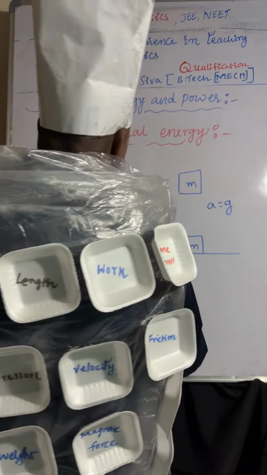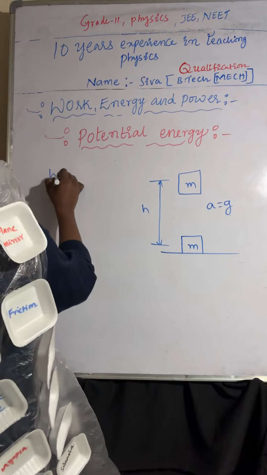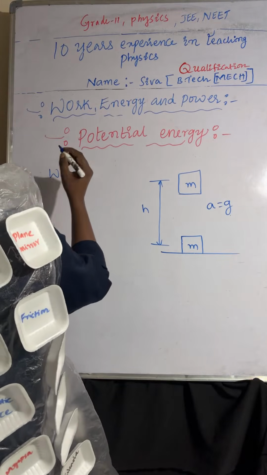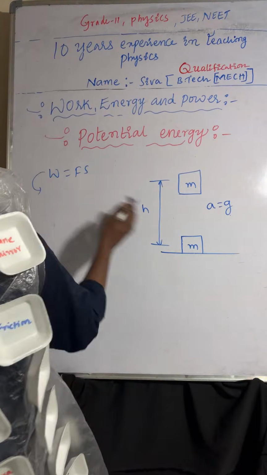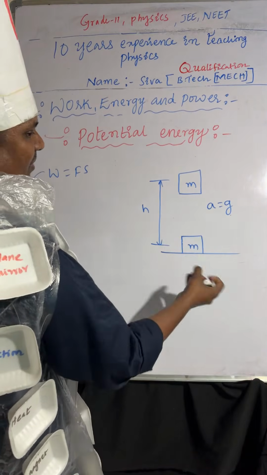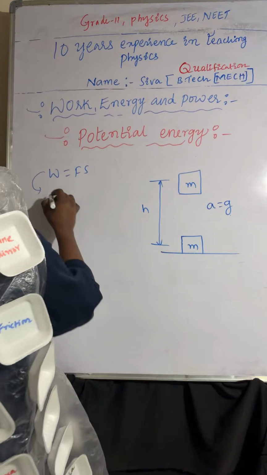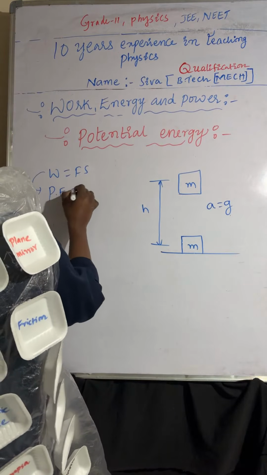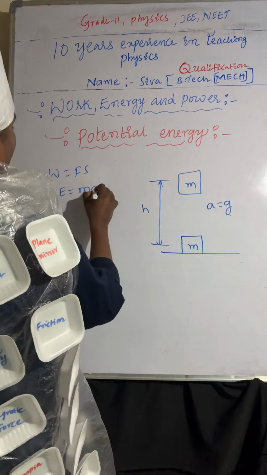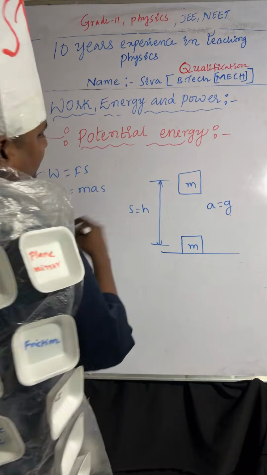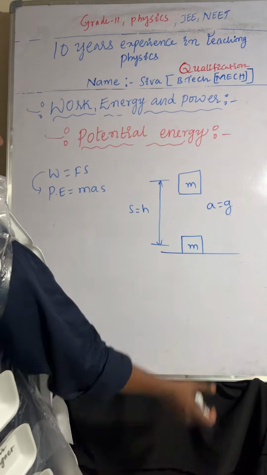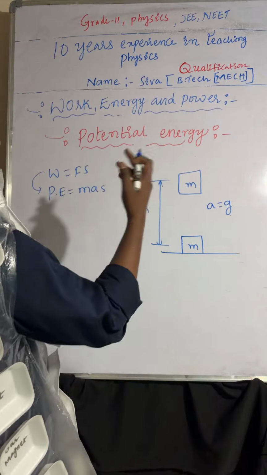Now we know W equals force into displacement. Whatever work is done will be converted into potential energy. So P equals ma into s. S is nothing but h here, the distance traveled in the form of height.